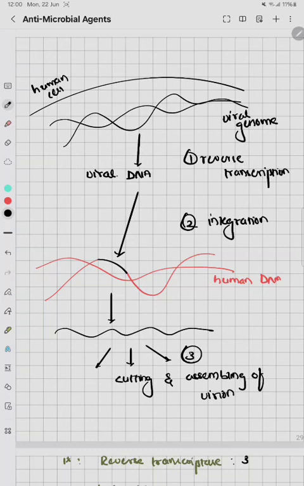Now very logically this will translate to your drug classes. For example, for reverse transcription, which is mediated by your enzyme reverse transcriptase, we have reverse transcriptase inhibitors, which are nucleoside reverse transcriptase inhibitors, nucleotide reverse transcriptase inhibitors, and non-nucleoside reverse transcriptase inhibitors. We have integrase inhibitors and protease inhibitors.